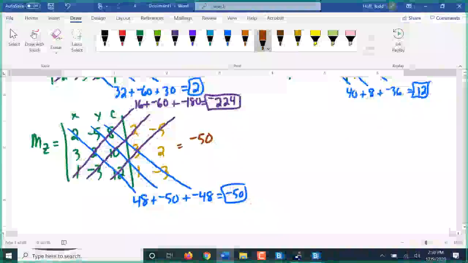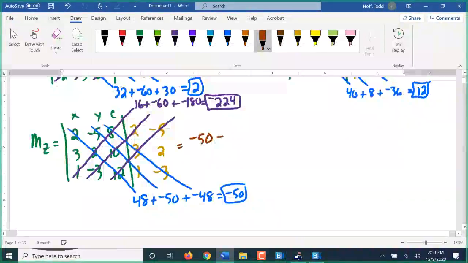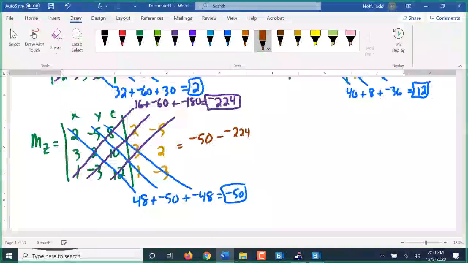Okay, so we got negative 50 minus a negative 224. That is the same as doing plus 224, which is going to give us, oh, what does that come out to be? 174, and yeah, 174.